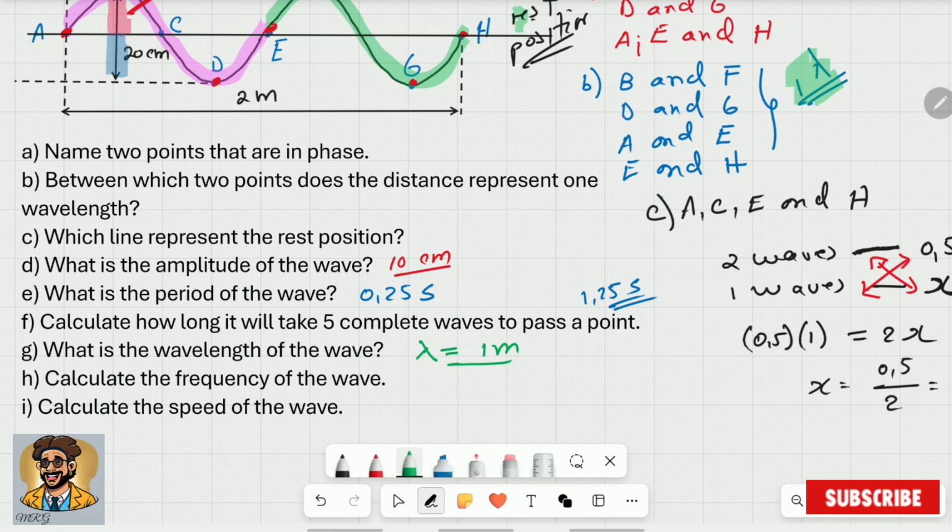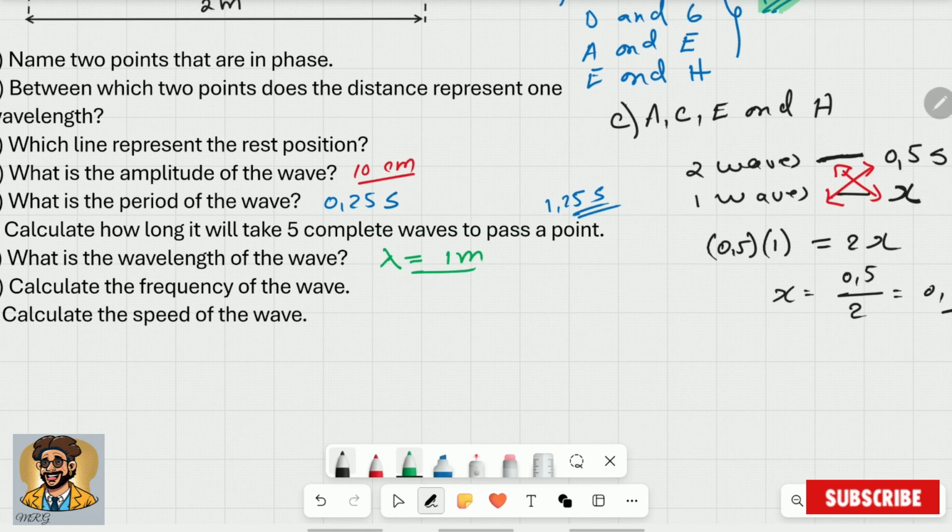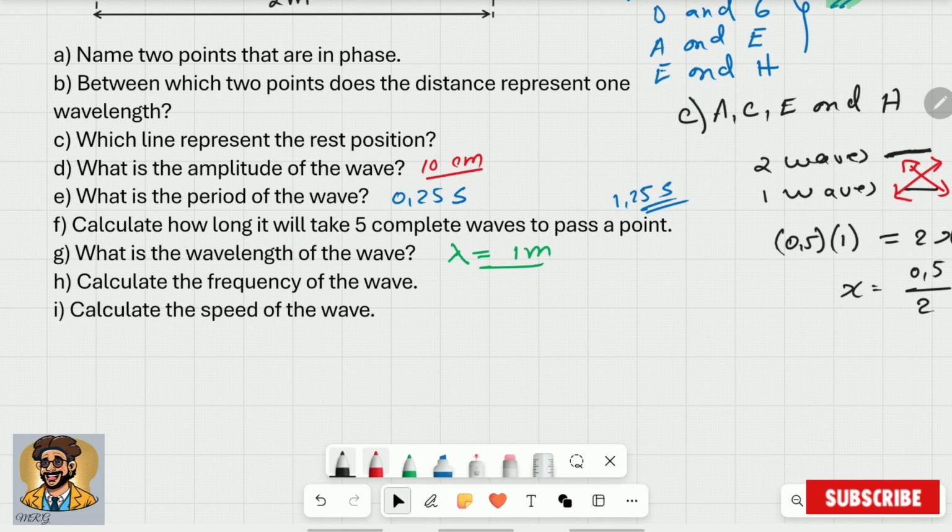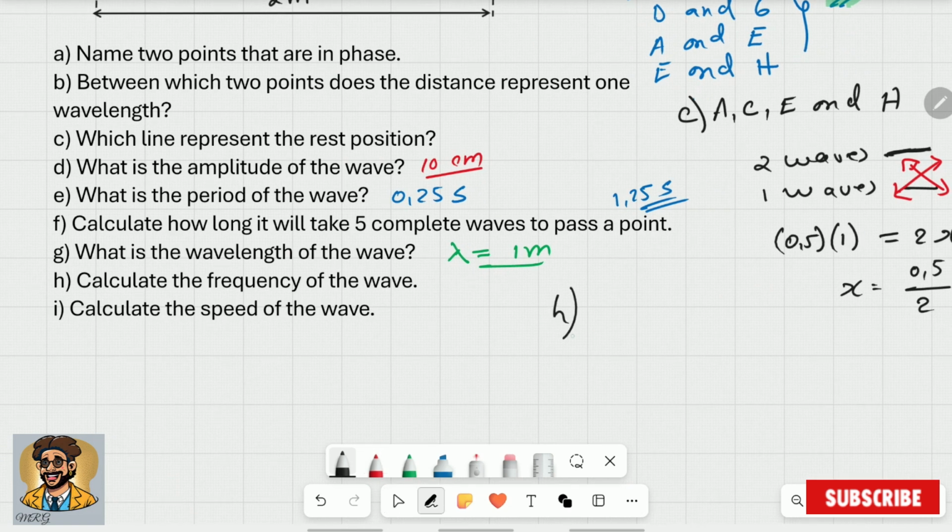Calculate the frequency of the wave. Now it's a formula to use. Very easy formula. How do we calculate frequency, my lovely children? Frequency is equal to 1 over period. Easy peasy. 1 divided by period, which is 0.25. Careful, confusing numbers here.